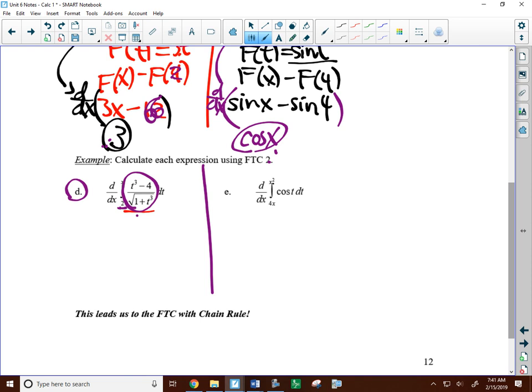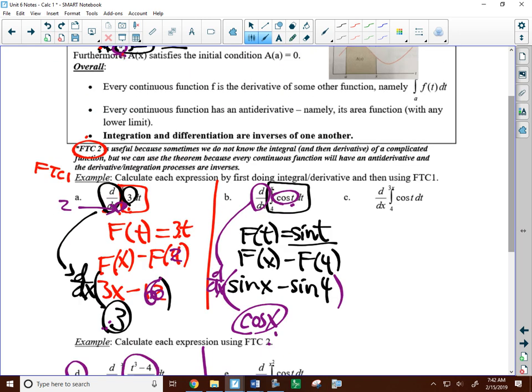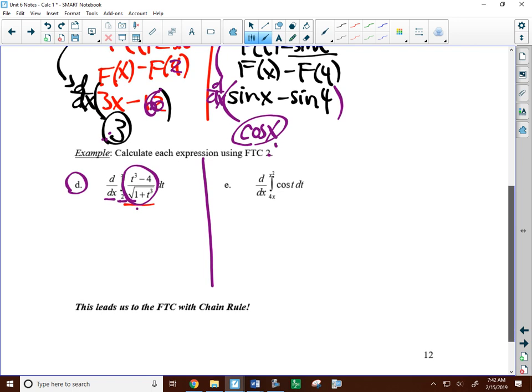So what we can do though is, since we're doing the derivative, that's important. If we're doing the derivative, we wouldn't have an answer. We're doing the derivative of this integral, and it's an integral a to x, 2 to x.